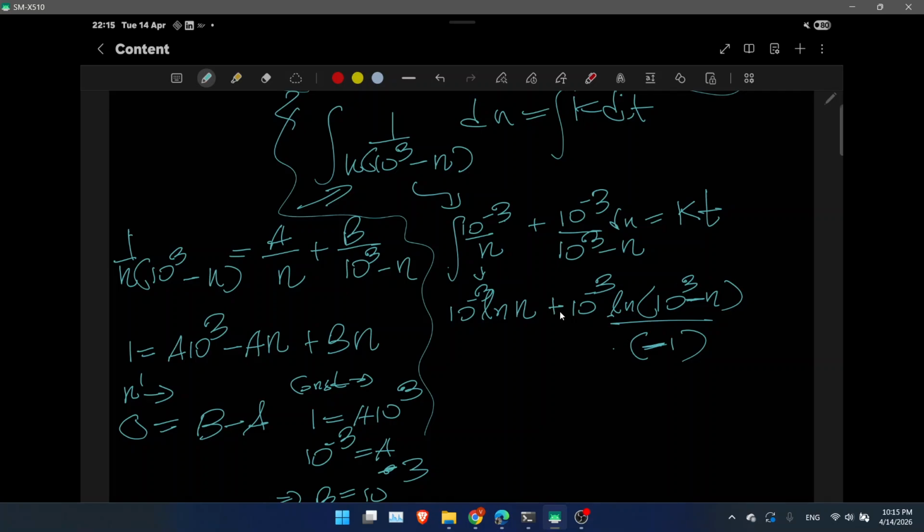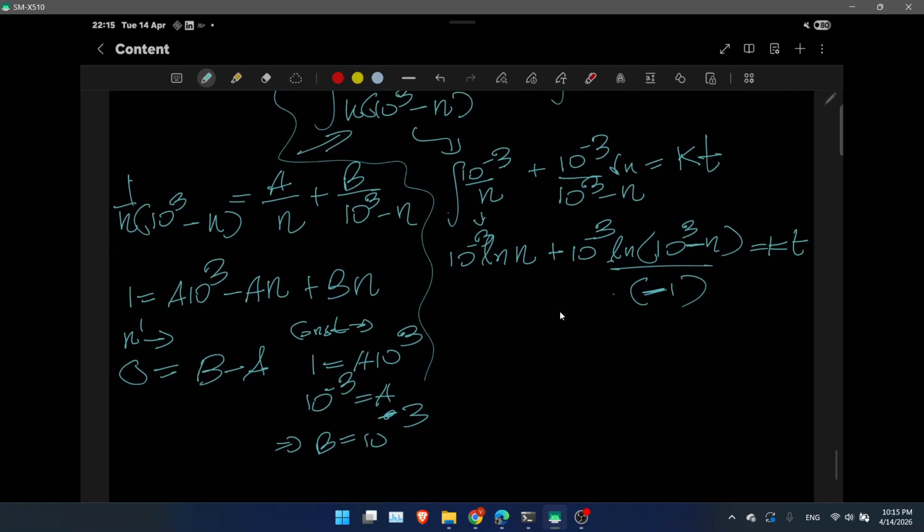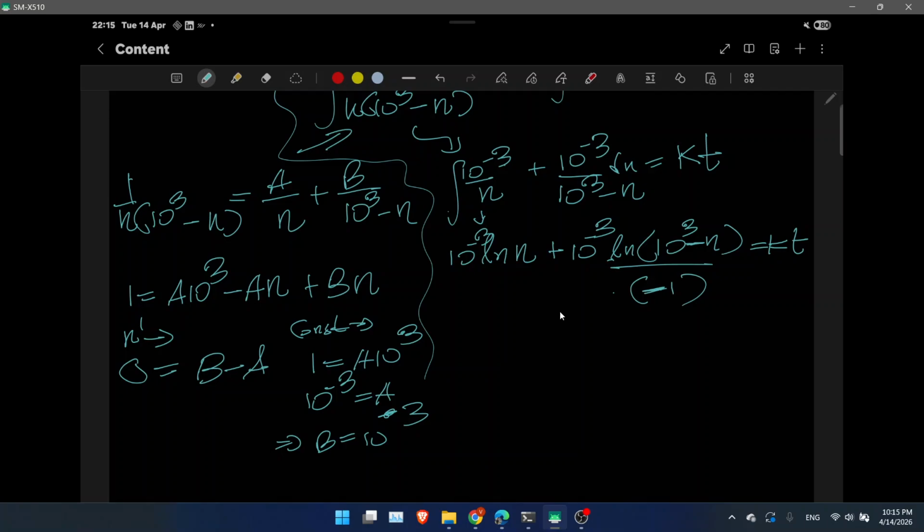This is equal to k times t. If we multiply the whole equation by 10 to the power 3, what we get is ln n plus ln of 1 over (10 to the power 3 minus n), after placing the minus 1 inside the ln, is equal to 10 to the power 3 kt.